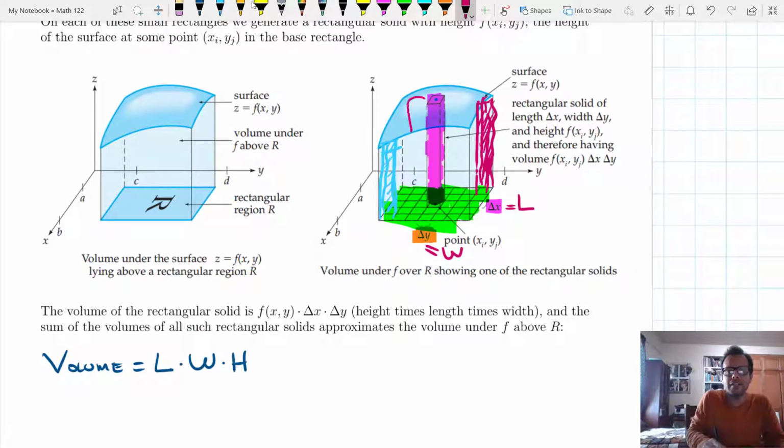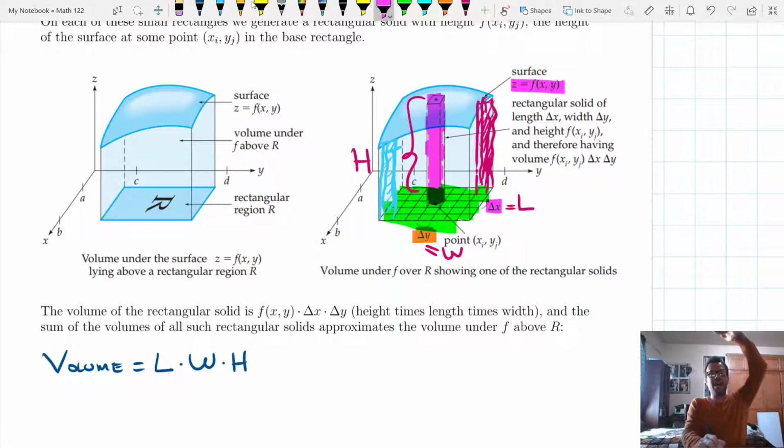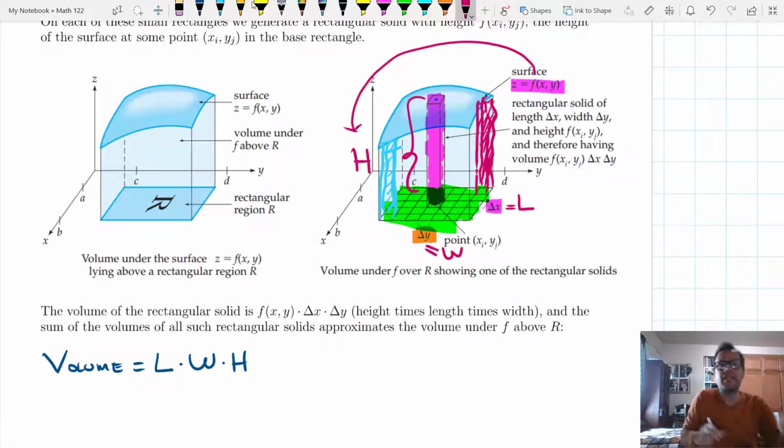And this height is going to be the height of the solid, which is going to be no other than z, which will be that h, right?